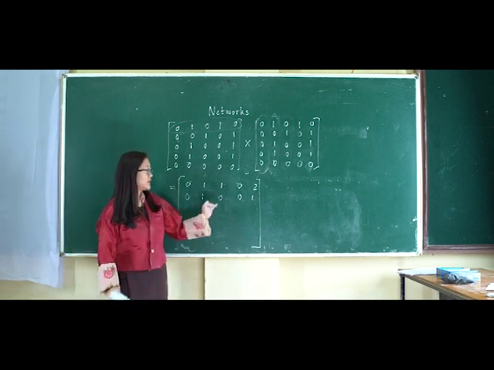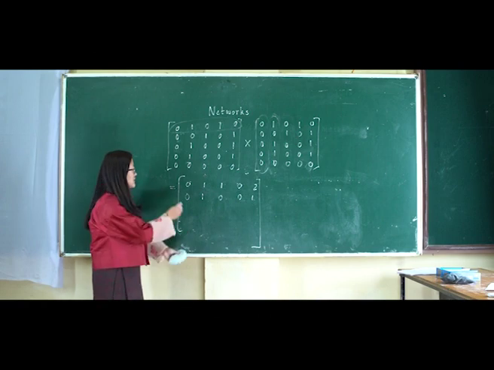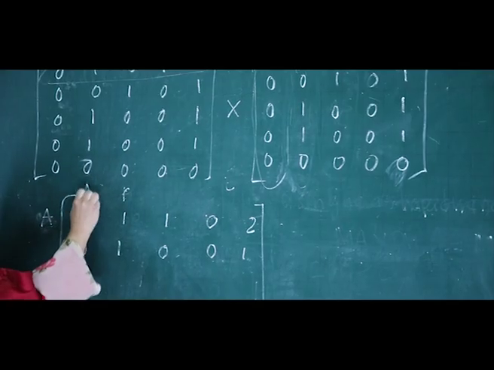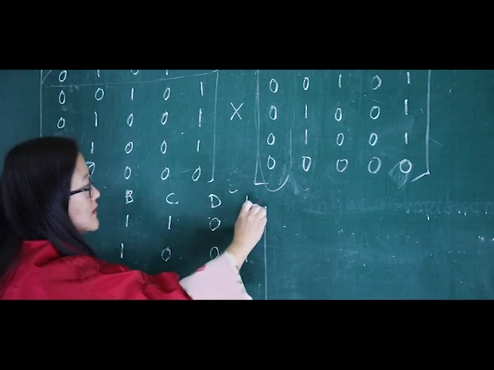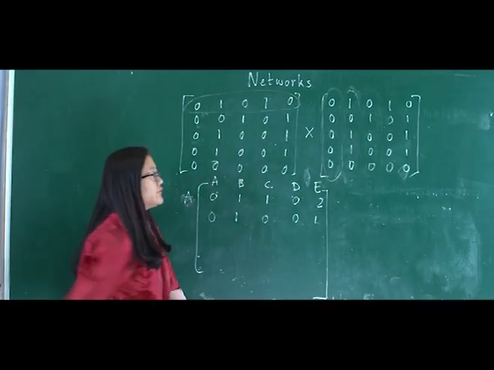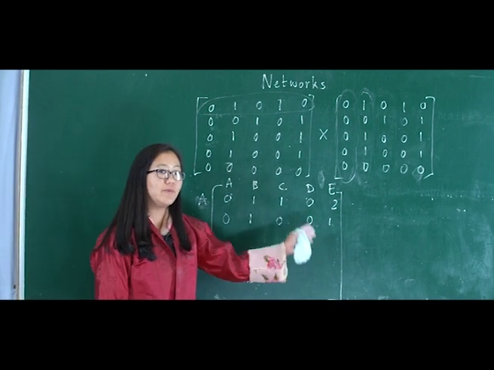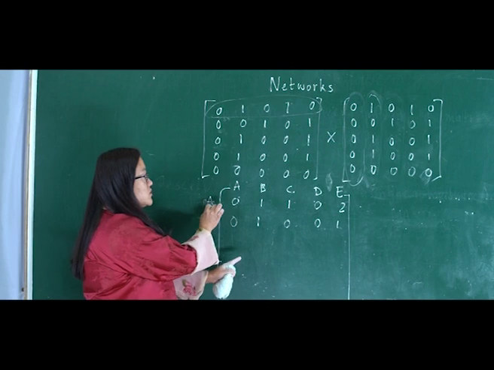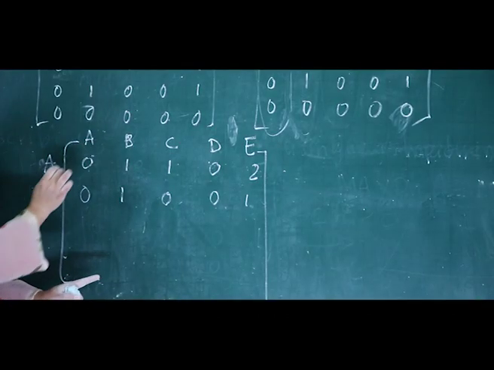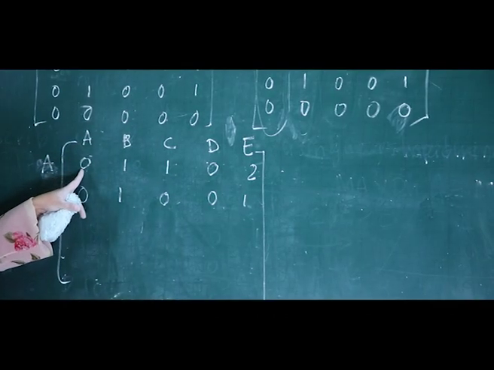So what do we get here? This is A, B, C, D, E. If you remember properly the first method that I showed using the digraph, you have seen that there is no one stopover trip from A to A. This is what it shows here.